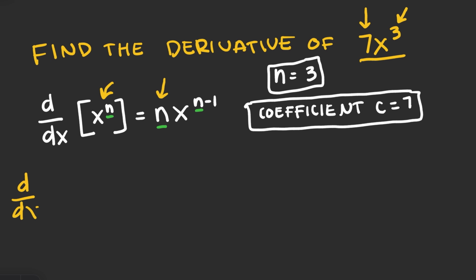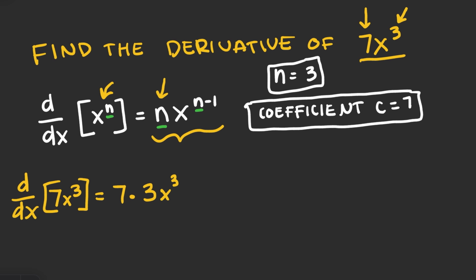So let's write down what that looks like. d/dx of 7x cubed. And we're just going to place that 7 right here, and we'll come back to it later. Then we're going to just plug this in, but we're going to use a 3 for our n. So 3x to the 3 minus 1, which should simplify to 7 times 3x squared.